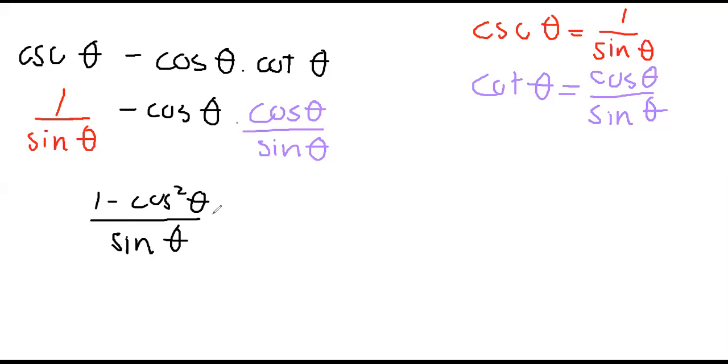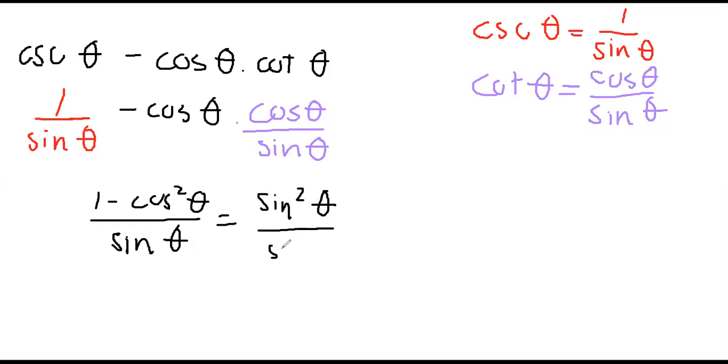We still have one more step to go, and this will go back to the Pythagorean theorem, in which we have 1 minus cosine squared of theta. What is 1 minus cosine squared of theta? Well, 1 minus cosine squared of theta is equal to sine squared of theta by the Pythagorean theorem.